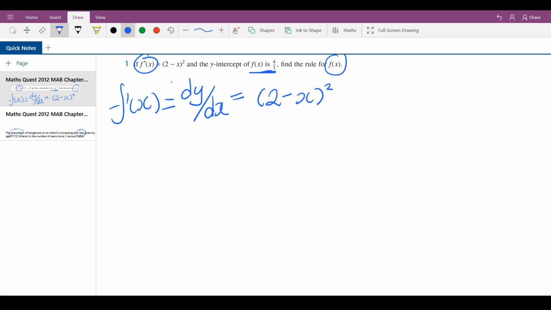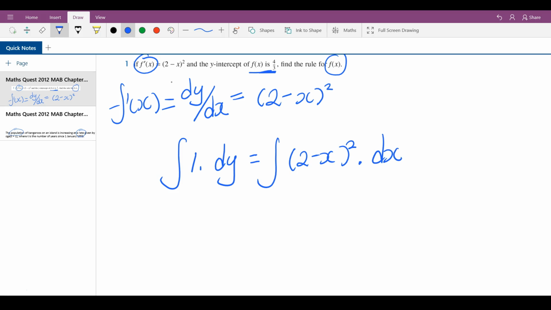So we move the dx over to the other side, which becomes the integral of (2 minus x) squared with respect to x. Because it's something over something, when you want to move the dx over to the other side, you multiply by dx. So this dot just means multiplication.